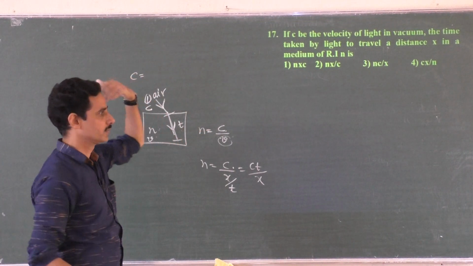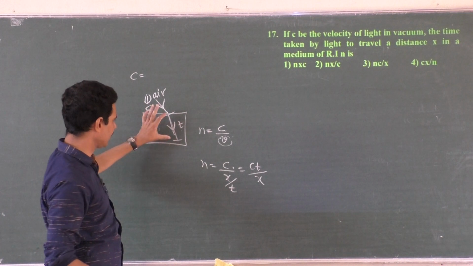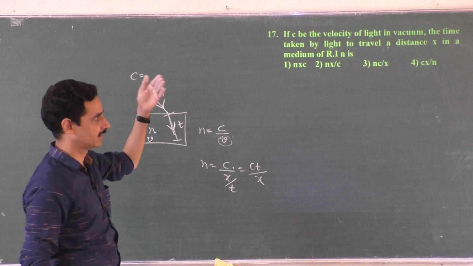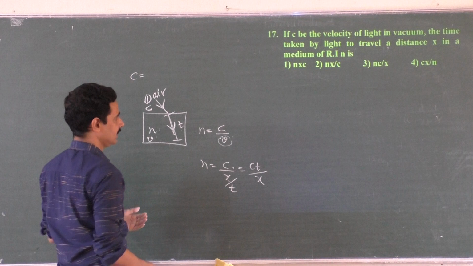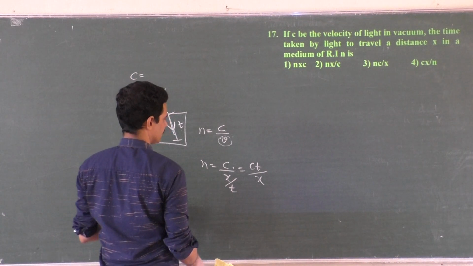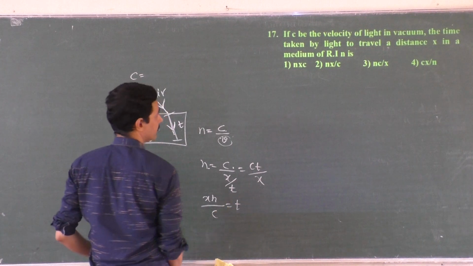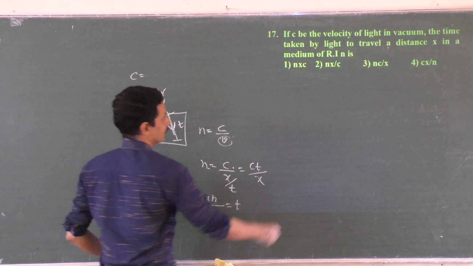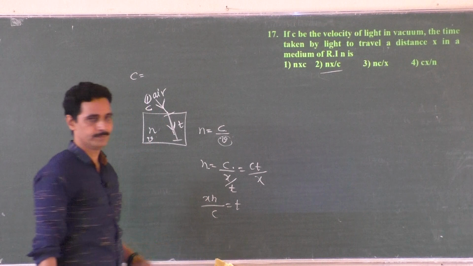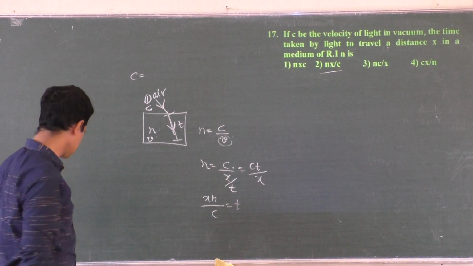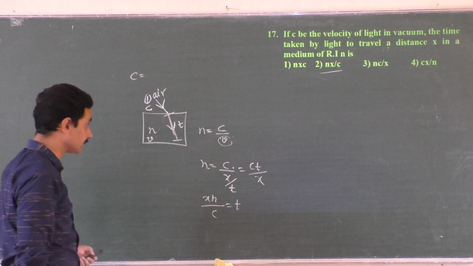So expand velocity as distance traveled by time. Distance is given, n is given, only t is to be found. So xn by c is the time taken. Xn by c, you have the answer.